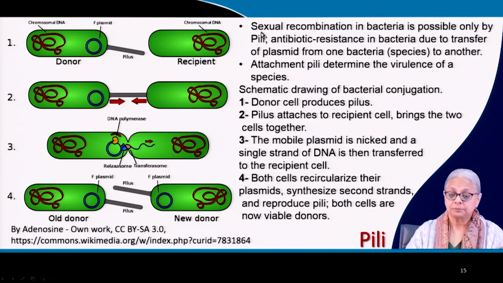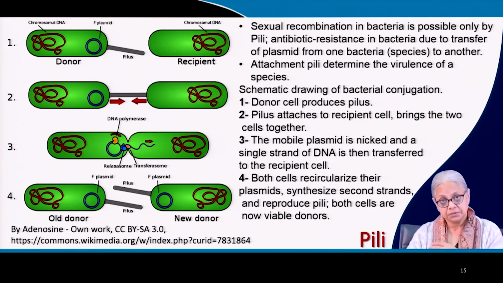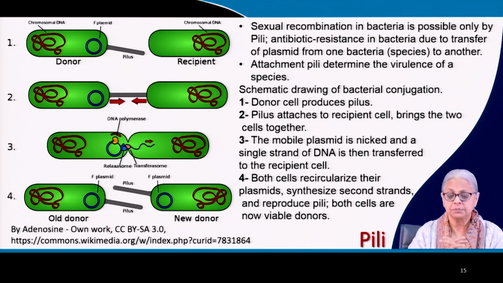So this is considered to be possible because of this organelle called the pilus. When this pilus from the resistant bacteria attaches itself to the non-plasmid containing bacteria, you get this kind of attachment.